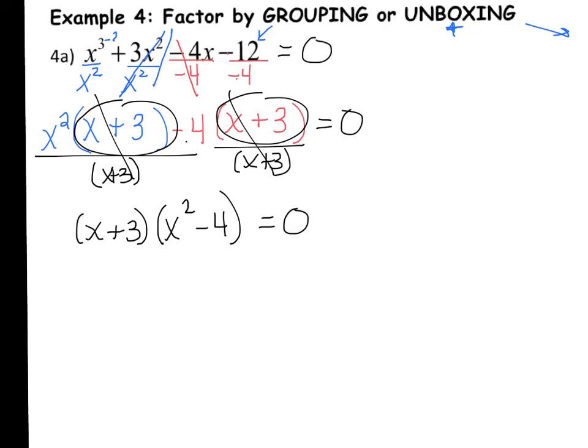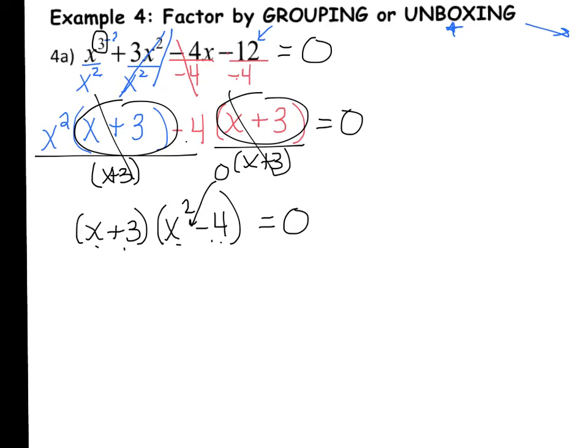We have to make sure we factored everything completely. So I notice, since I have an x to the third up here, that there must be 3 factors, and I only have 2. So I really can't do anything else with that first one, but the second one I actually can. So I can find factors of 4 that subtract to get nothing in the middle.